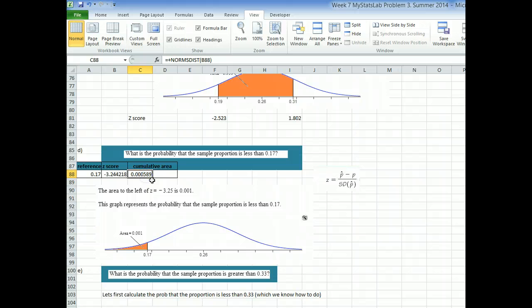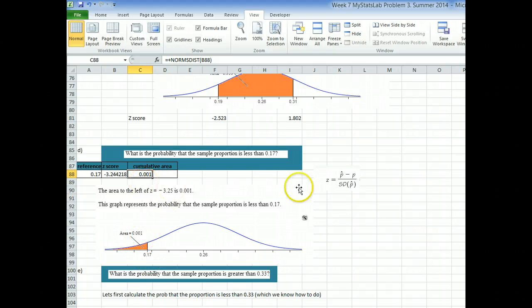And then for the cumulative area, I am using the NORM.S.DIST function, and I am getting that for 0.17, the z-score is minus 3.24, and the cumulative probability, taken to 4 decimal places, is going to be 0.0006. And if we wanted to take that down to 3 decimal places, as we were asked to do, the area below 0.17 is 0.001.